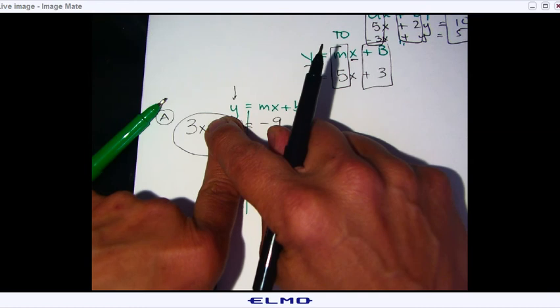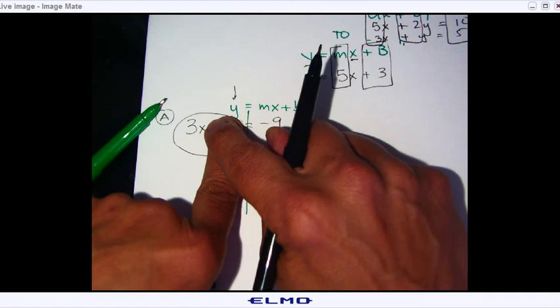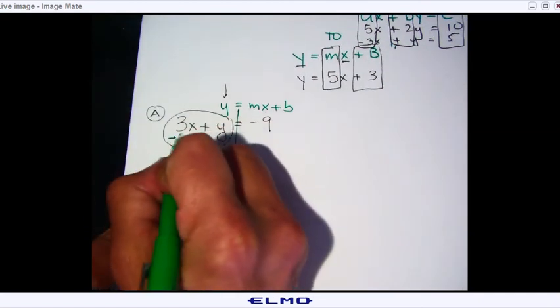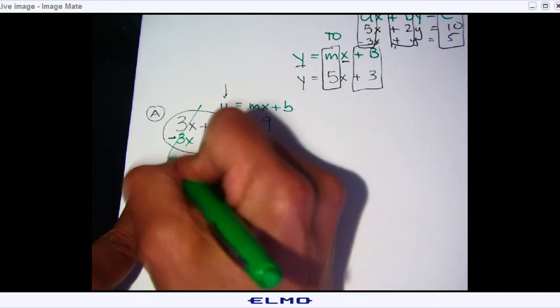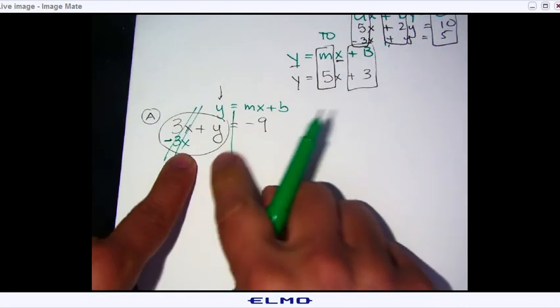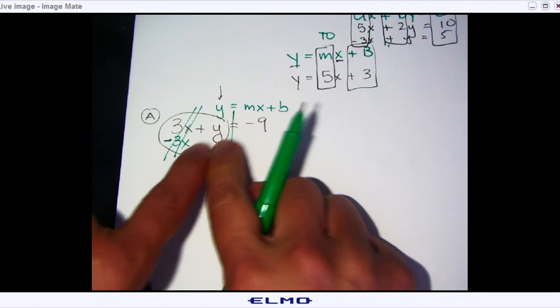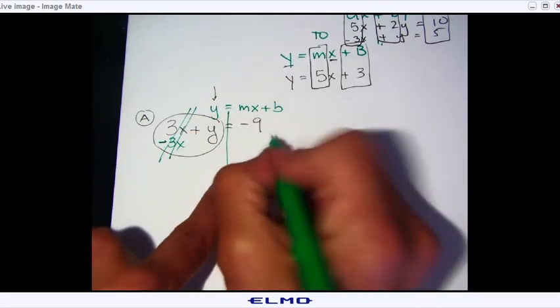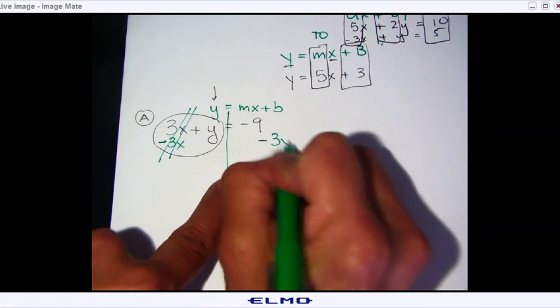How do I do that? Well, it's positive 3x, so take away 3x. Yeah, that's a 0. And remember, you're also going to add a negative 3x to the other side.